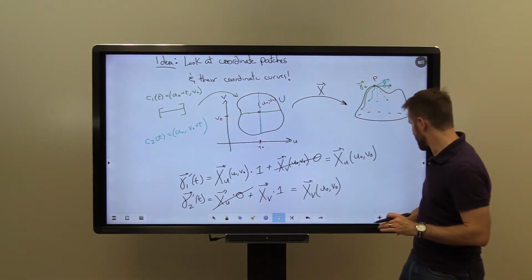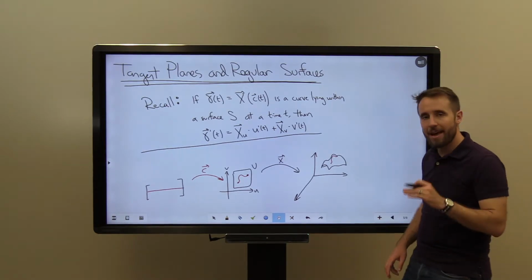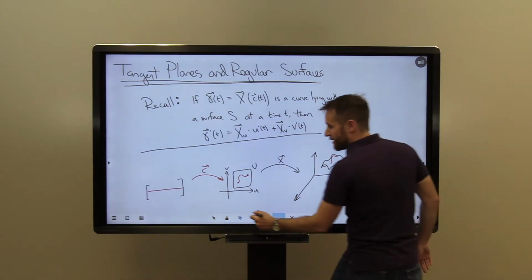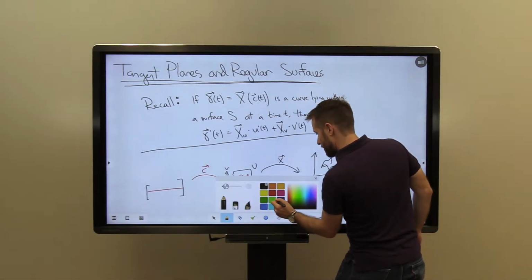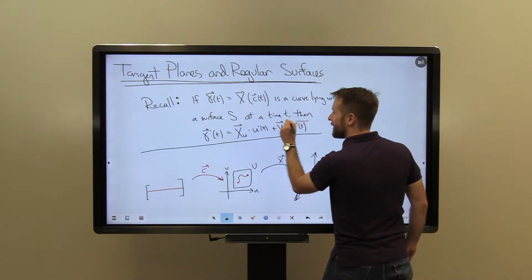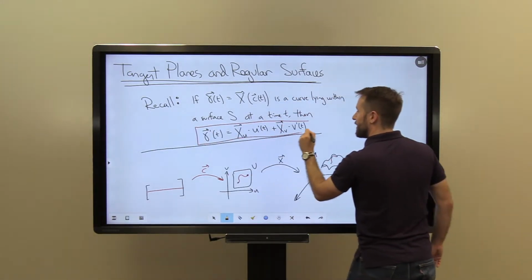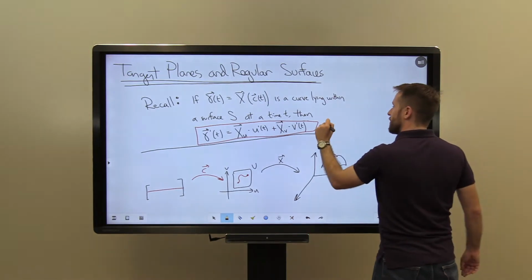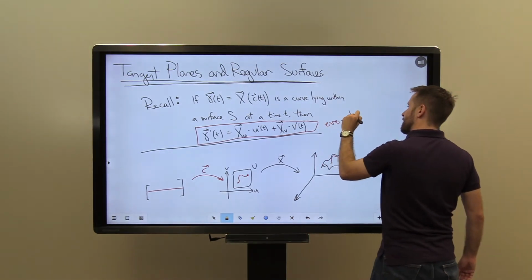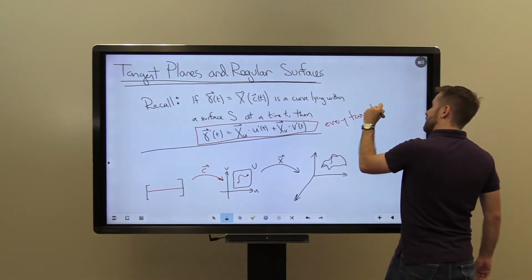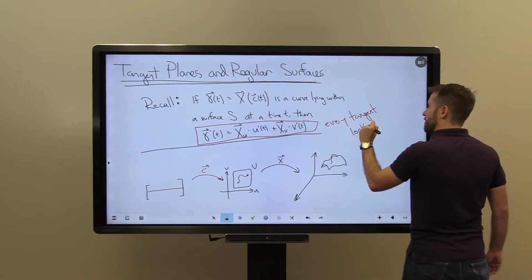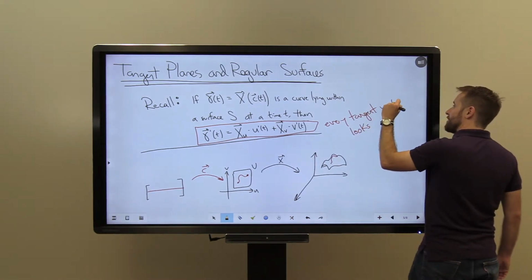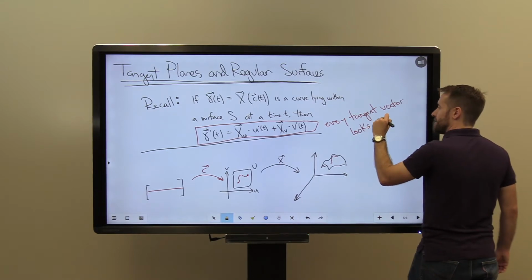And that means, to go back one step further, that every tangent vector will have this form right here. I should say every tangent vector looks like this.